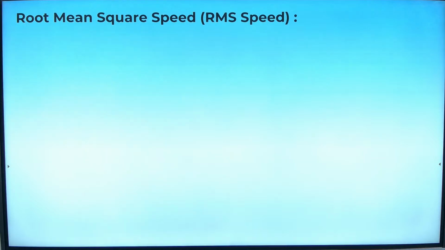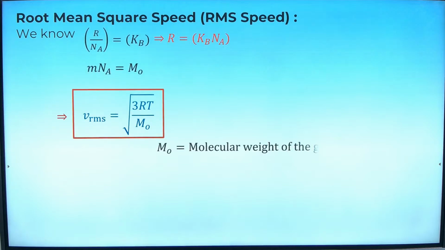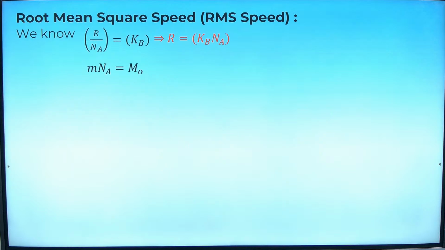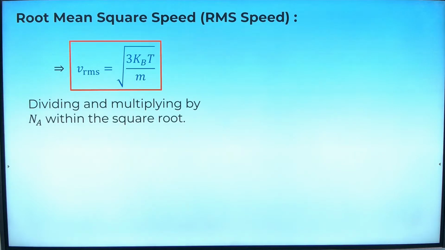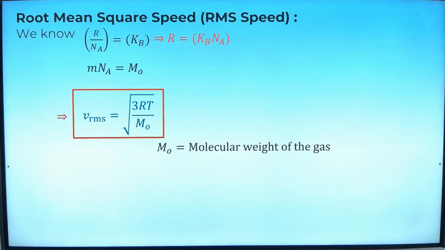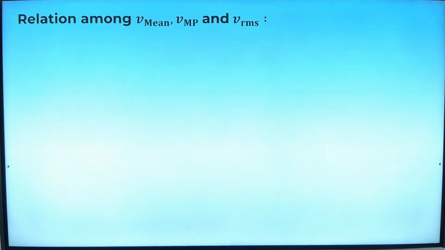Actually, they want to write in terms of R. Instead of writing 3kT by m, if you want to write in terms of R, then it will become root over 3RT by M naught. Is it clear? You can write this formula if you want to write it for one mole of gas. They would have taken 1 mole of gas only.